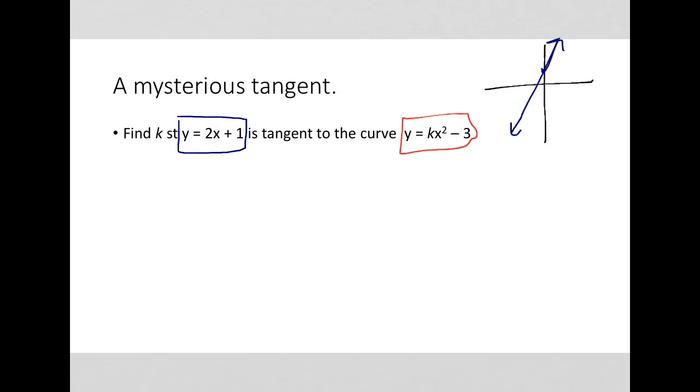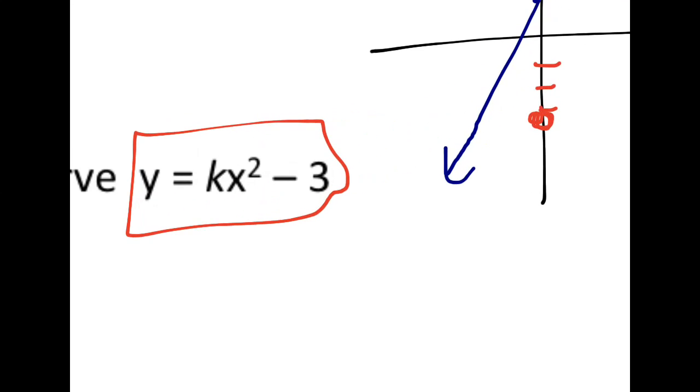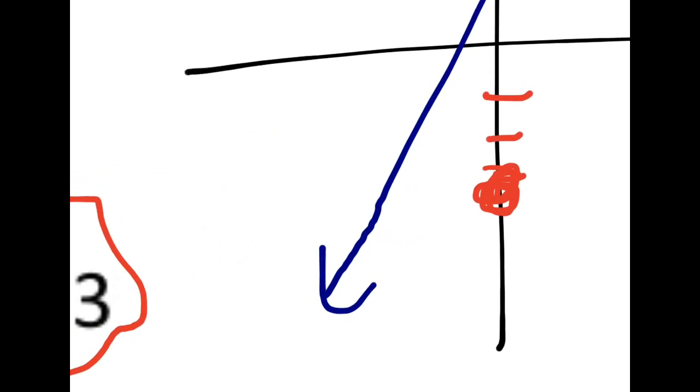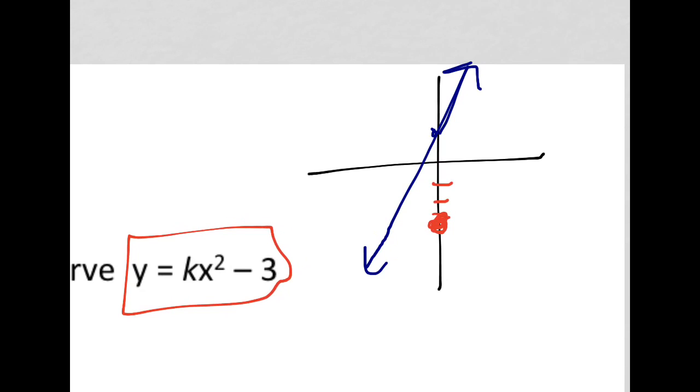If you think about what you already know about this function, we know a couple things. We know that the y-intercept of the function is at negative 3 because of that minus 3 right there. If you plugged in the x value of 0, you would get y equals negative 3.